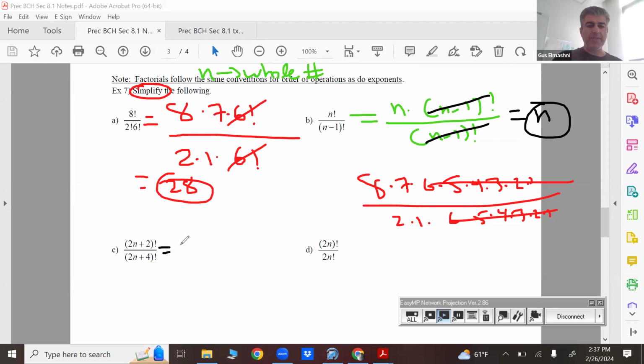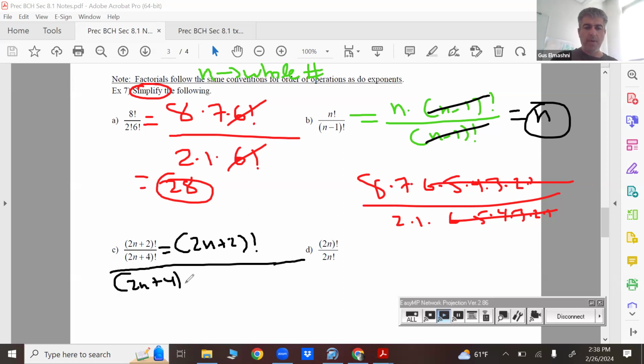So for C, guys, which one's higher, 2n plus 2 or 2n plus 4? 2n plus 4, right? So the bottom is going to be, let me expand this just a tad, 2n plus 4. What comes next? 2n plus 3. And then now I see an opportunity to write just 2n plus 2 factorial. Boom, boom.